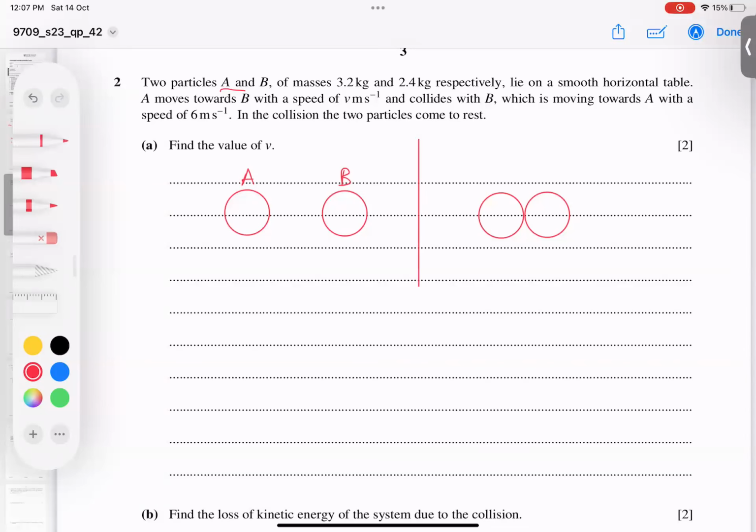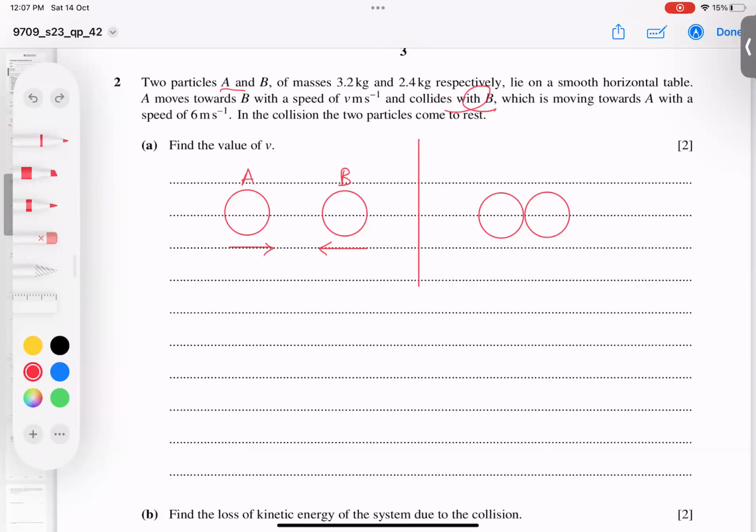He said that A moves towards B, so it is traveling this way, and collides with B, which is moving towards A, with the speed of 6.